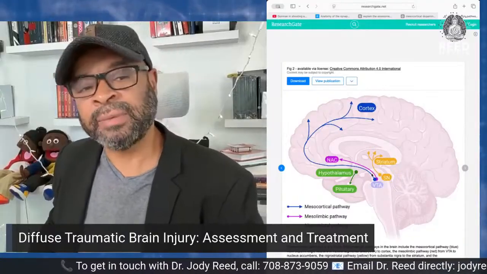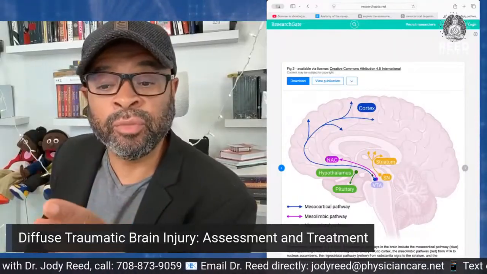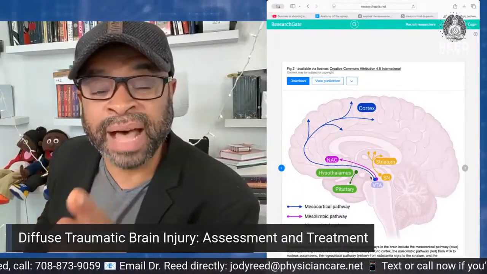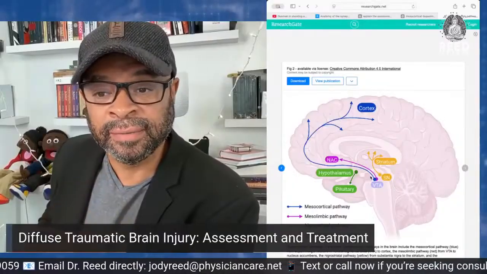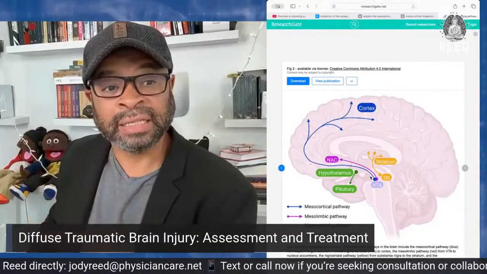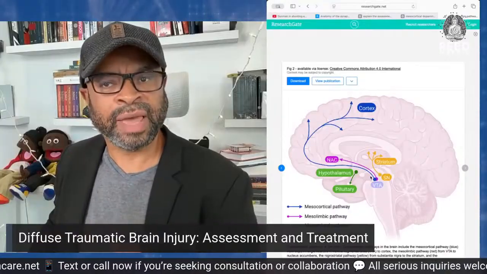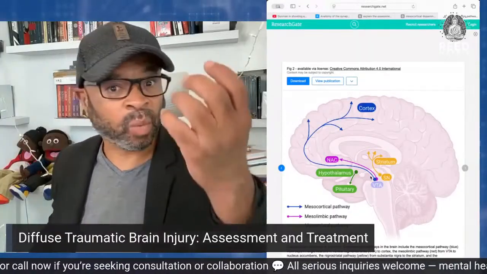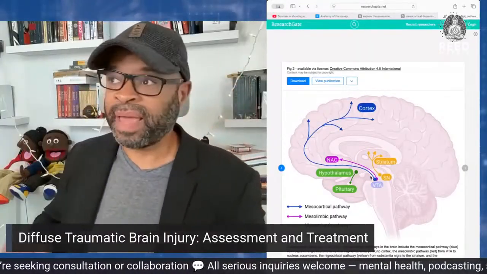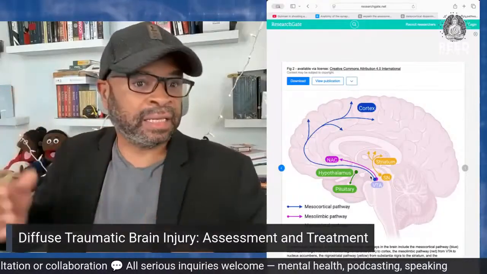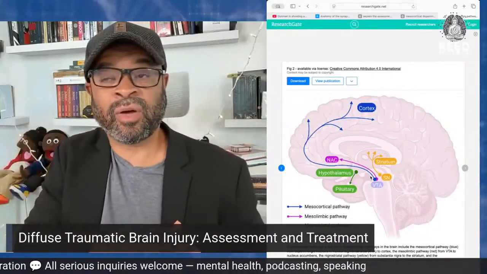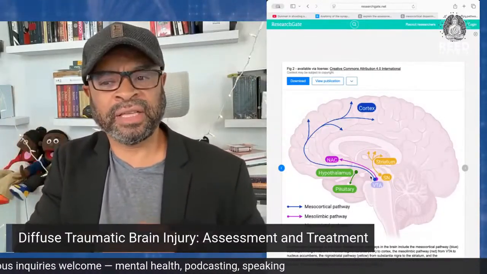There are times when this mesocortical pathway becomes hyperactive, and you get positive symptoms of schizophrenia. When it becomes hypoactive, you get negative symptoms. And so a diffuse traumatic brain injury can switch this network on and off. And so the patient presents agitated, psychotic, then withdrawn and apathetic and avoidant and things like that.